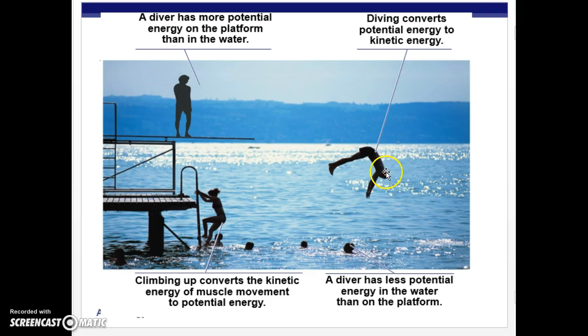As the person dives, that potential energy is converted back to kinetic energy, which is then transferred to the water as the diver enters it. And some of the energy in this system is lost as heat because of the friction involved in these different processes, both climbing the stairs and entering the water. So these are all transformations between potential and kinetic energy.